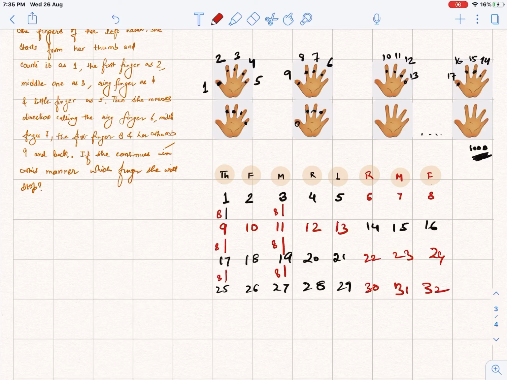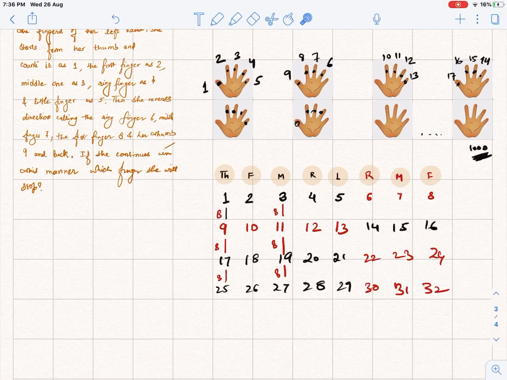So we know for sure that after every 8th number we land on the same finger as where we started. If I started from 5, I know where I will be when I count 13. I'll be in the same place.